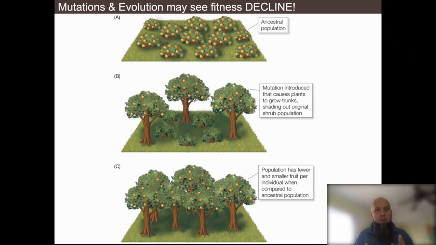So it's the calculating of that absolute fitness for the short trees versus the tall trees. What happened was, as the circumstances changed, that probability of survival changed for the short trees because the large trees shaded them out.